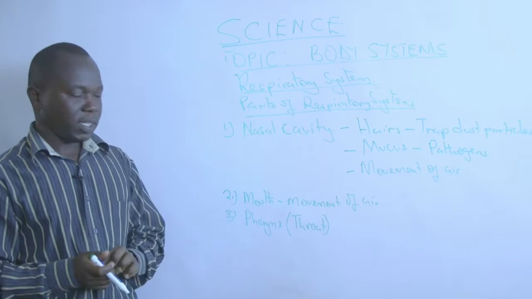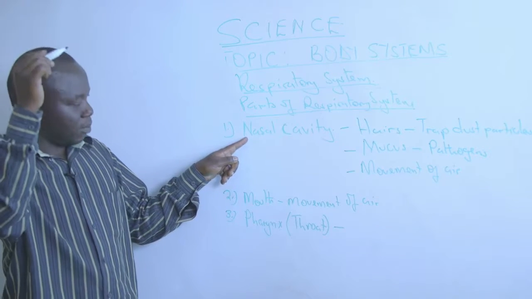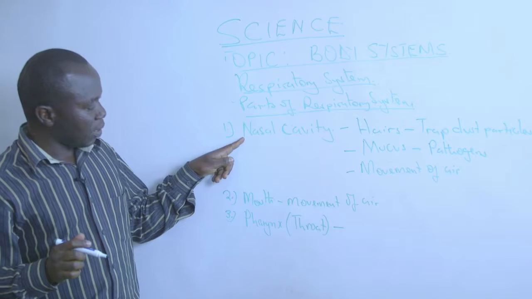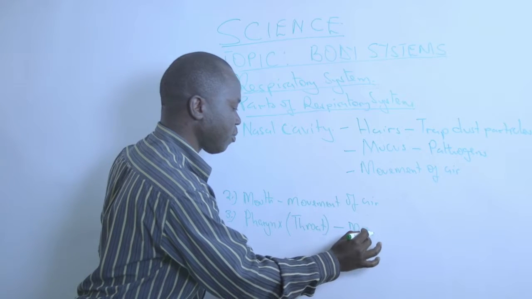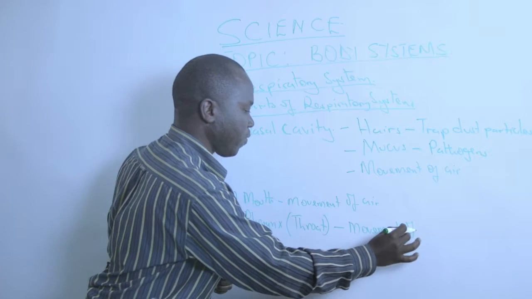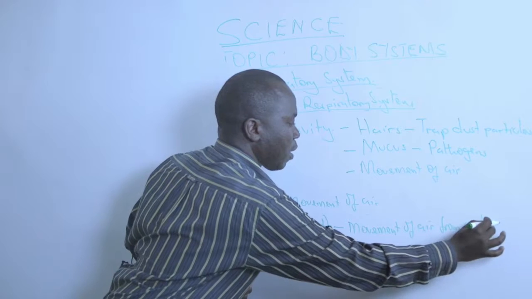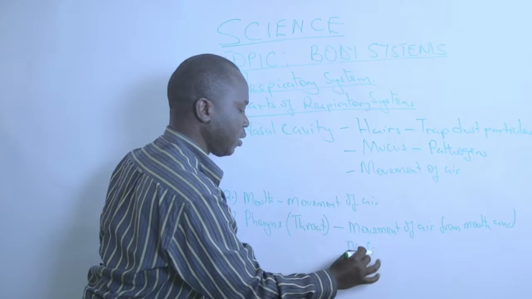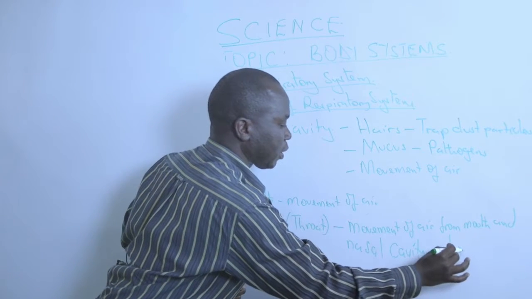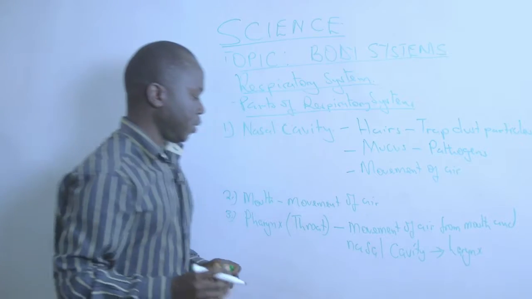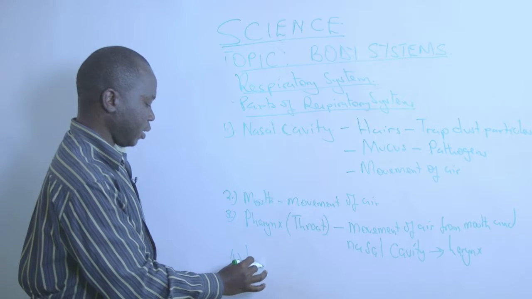The role of the pharynx is simply to allow movement of air, starting from the upper part as in our drawing, from the nasal cavity and the mouth into the larynx. Another part is the larynx itself.